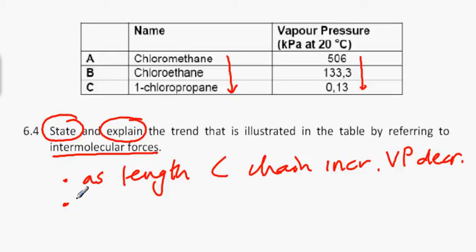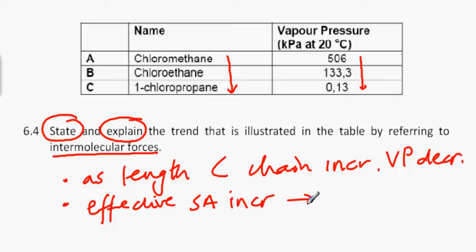Then in terms of explaining the trend, you need to make the point that as the carbon chain increases in length, the effective surface area increases, and hence the intermolecular forces, and this is the point at which we would specify those intermolecular forces.